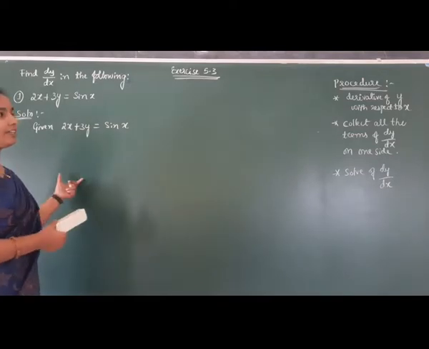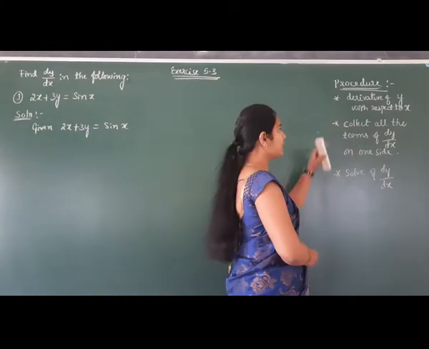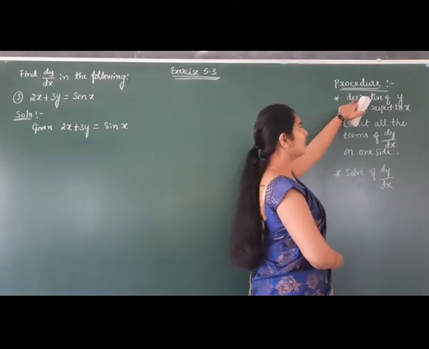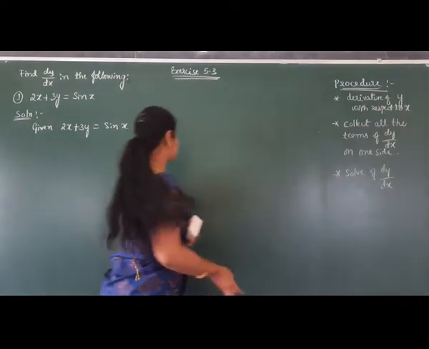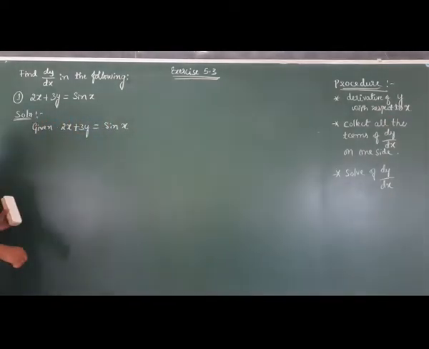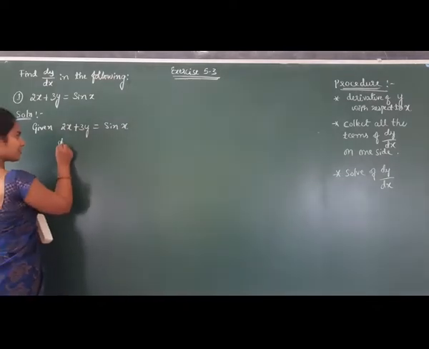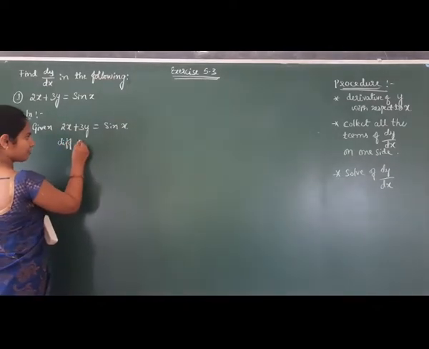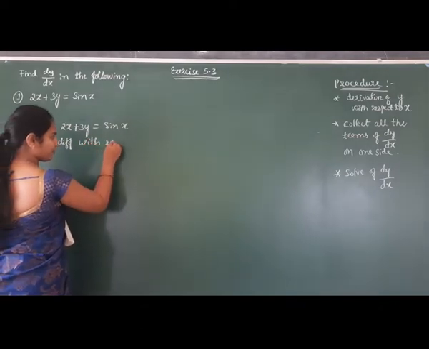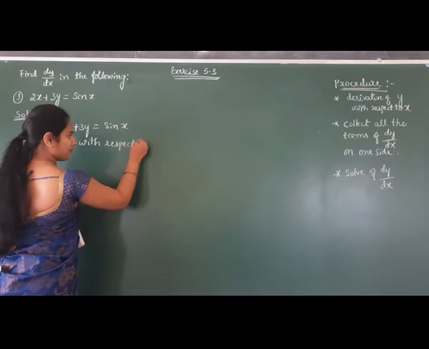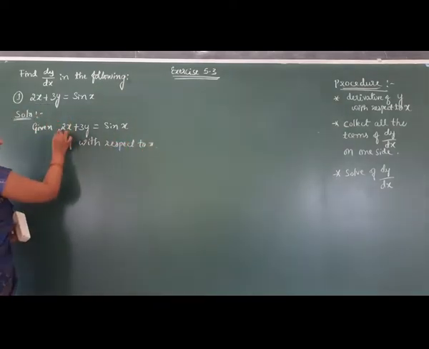To find the derivative of implicit function, we follow this procedure. In the first step, we find the derivative of y with respect to x. So differentiate this function with respect to x. Here 2 is a constant.